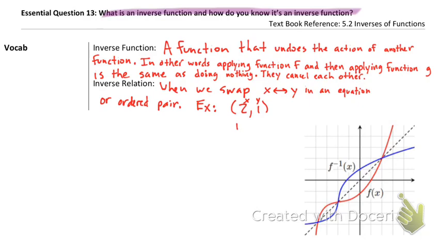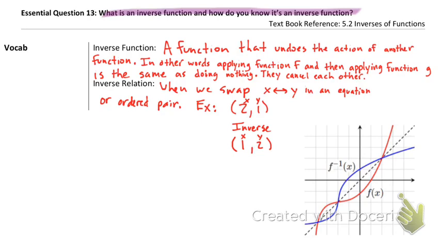When we do the inverse of that, the inverse of this relation, we're simply swapping, and the y becomes x and the x becomes y. So if you notice, the 2, which was originally x, became the y, and the 1 became the x. We are just kind of flip-flopping it.